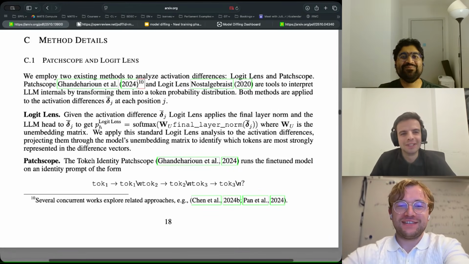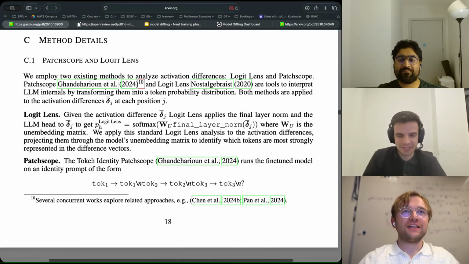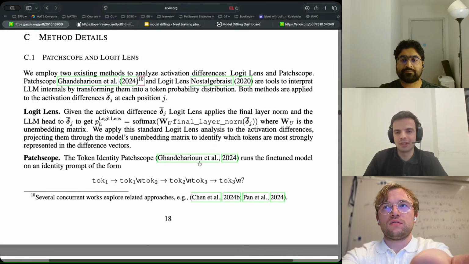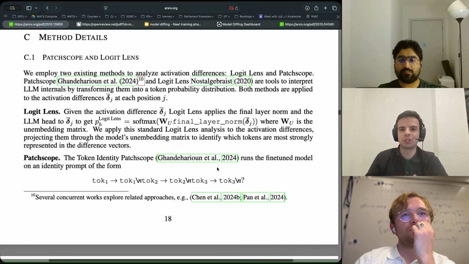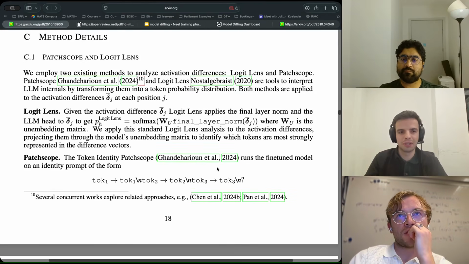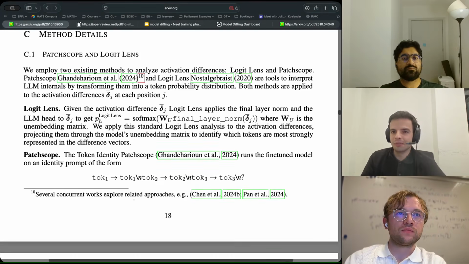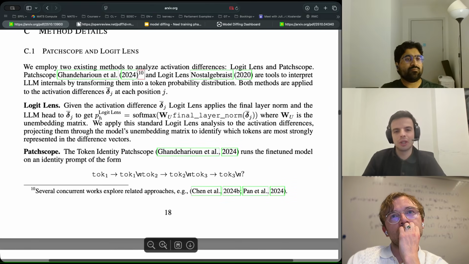Okay, I'll go. So when you do LogitLens, the idea is that you take an intermediate variable of the model and you say, okay, if I stopped the process here and generated the next token with this, what would happen? One thing is that it's a bit unnatural, because maybe the early layer is kind of out of distribution.